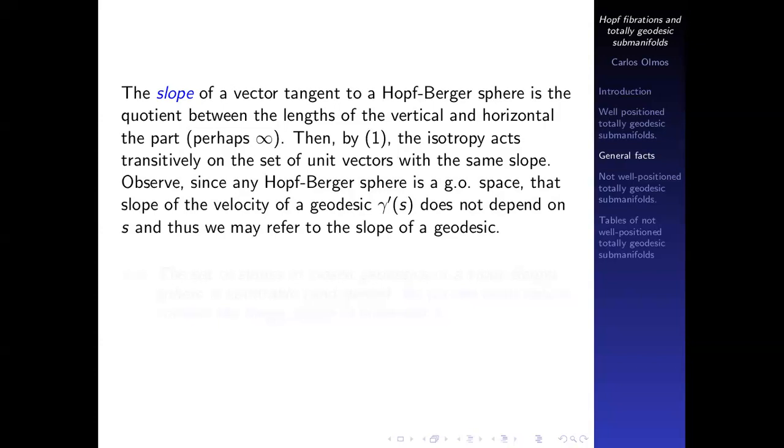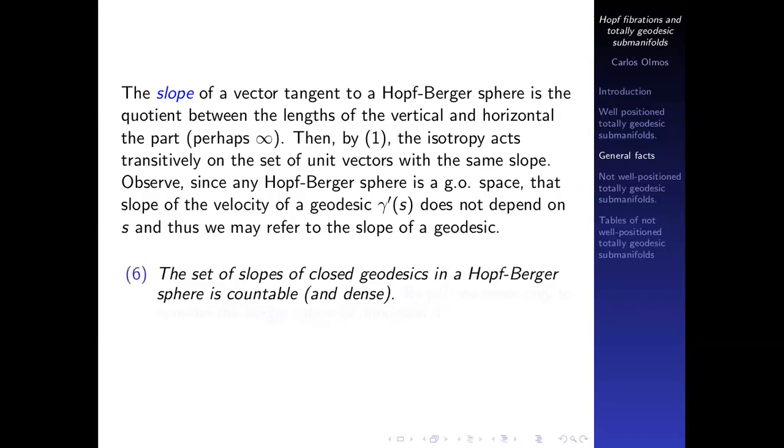Since any Hopf-Berger sphere is a geodesic orbit space, the slope of the velocity of the geodesic does not depend on the parameter, because the geodesic is homogeneous.